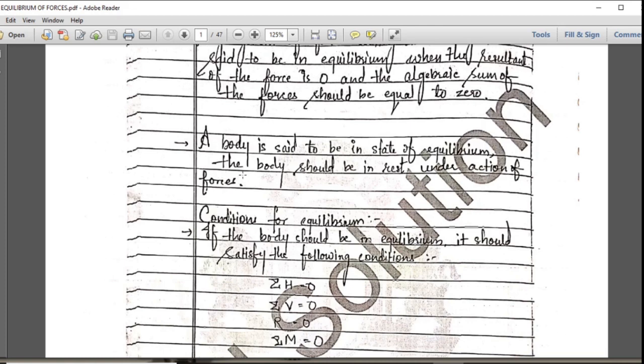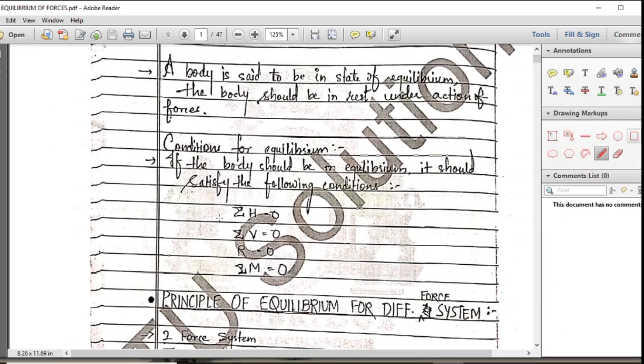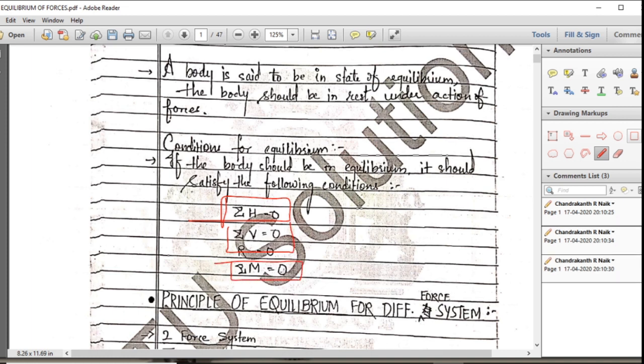Now a body is said to be in the state of equilibrium when the body is in the state of rest under the action of forces. So what are the conditions for equilibrium? Sigma H, the forces in the horizontal direction, should be equal to 0. All the forces in the vertical direction should be equal to 0, and all the moments equal to 0.